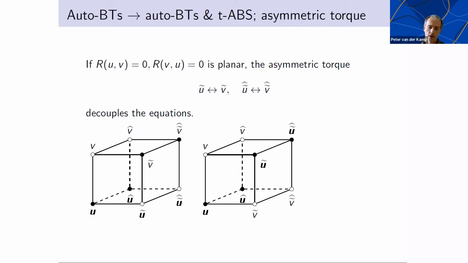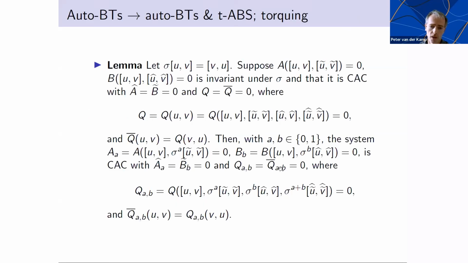And now you can get from these weird R equations that were not defined on the faces, by torquing them, equations that are defined on the faces, because we're not changing the letters, we're just changing the variables in the equations. So that will give you a new equation, and you still have the consistency that is given by this lemma.